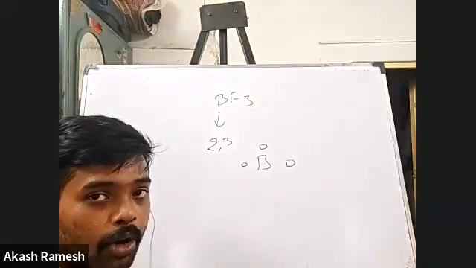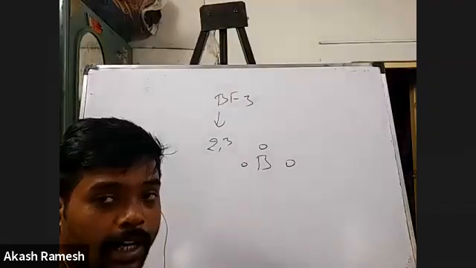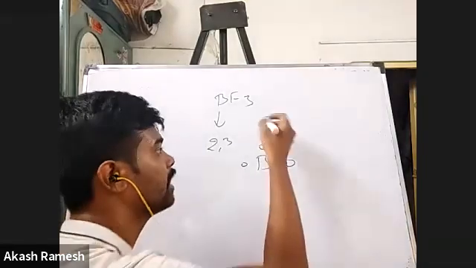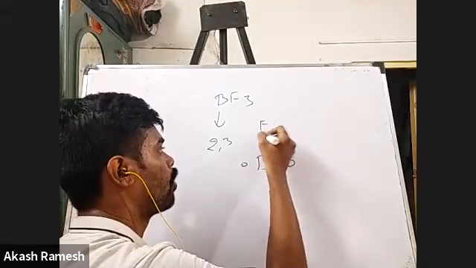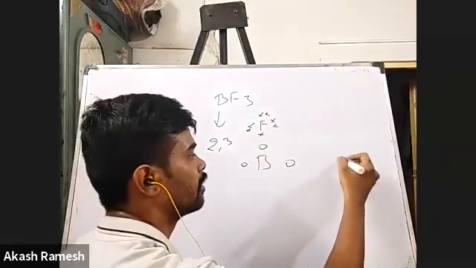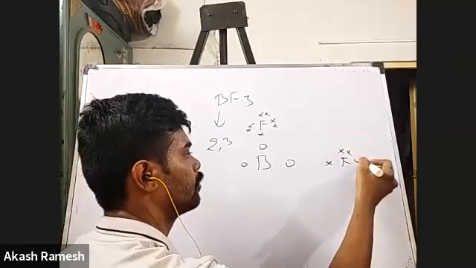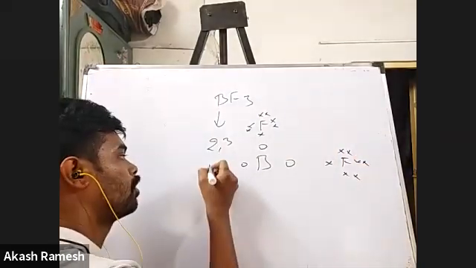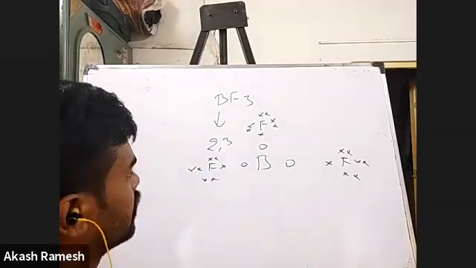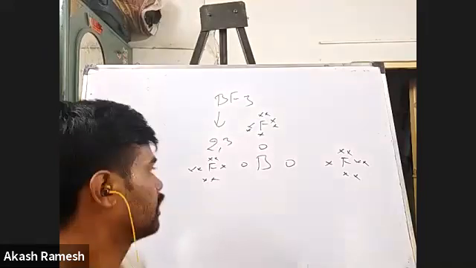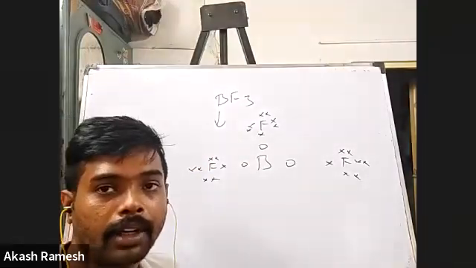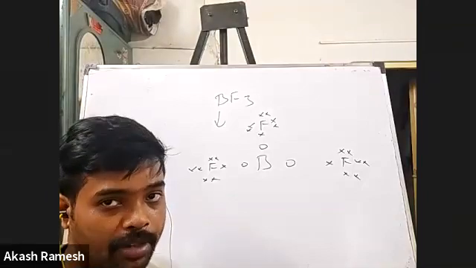And each of the fluorine atoms is going to have 7 valence electrons, 1, 2, 3, 4, 5, 6, 7, and again 1 to 7, and one more, 1 to 7. Done. So I have 3 fluorine atoms and 1 boron atom in the picture.